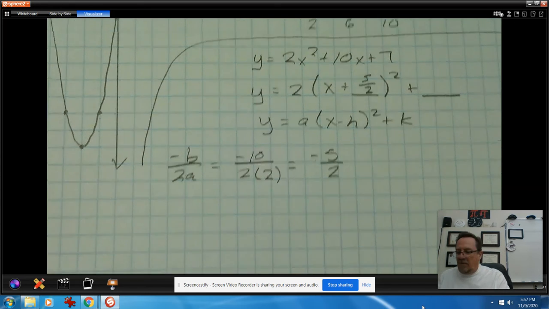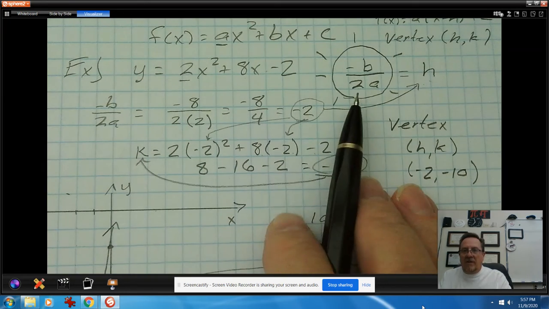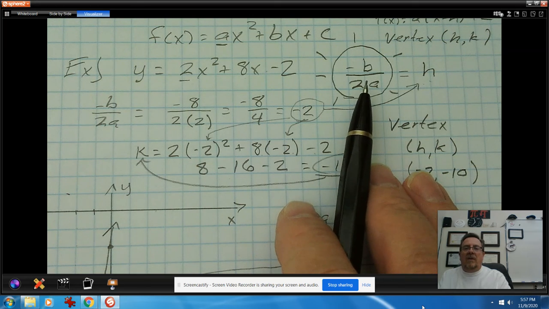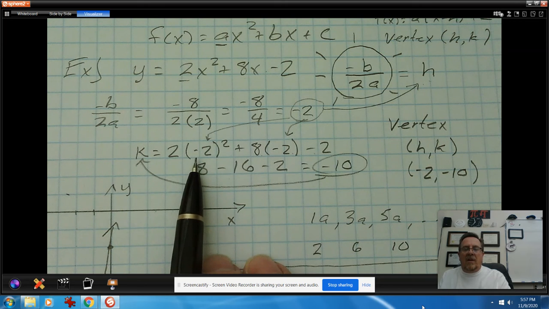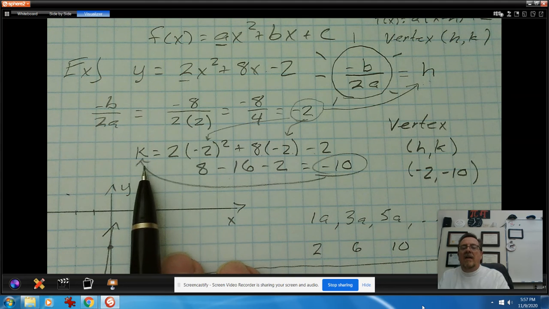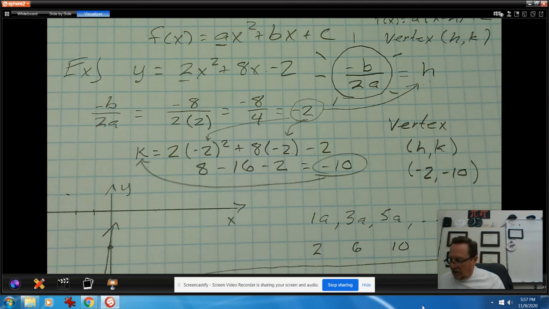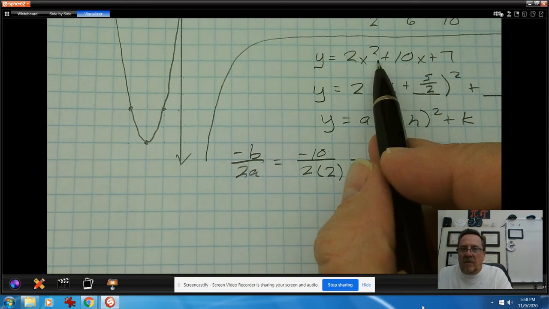Okay, good. Now, what was the second part of our magic? What we did after we found our h was plug our h value into the original equation everywhere we saw an x, because to find our k, we're just going to plug that h value in. So in other words, here's my original expression.